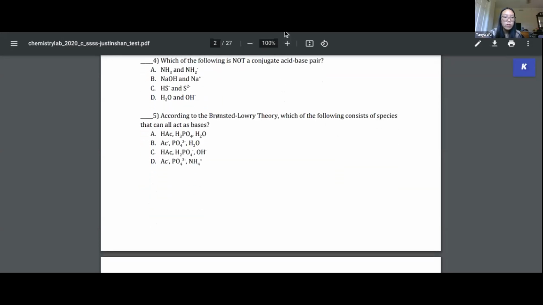Okay, number 4. Which of the following is not a conjugate acid-base pair?